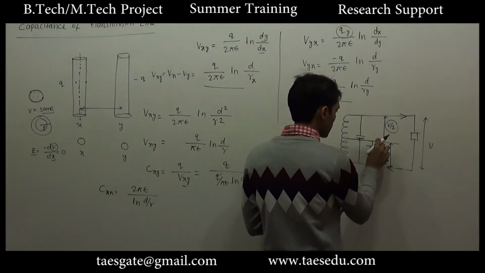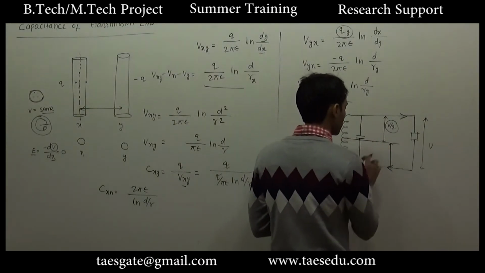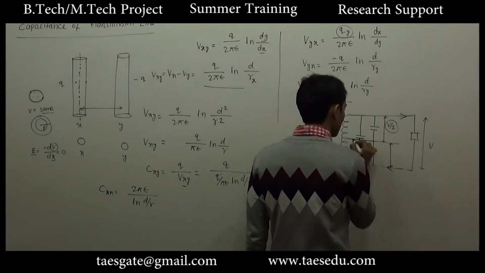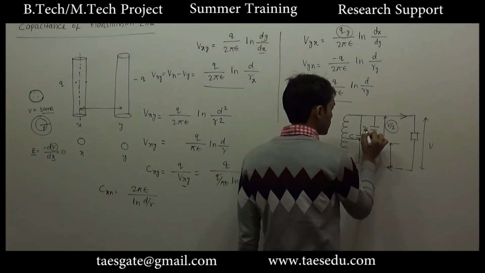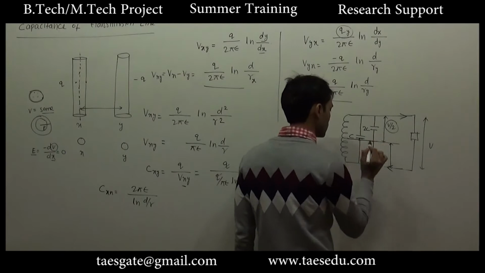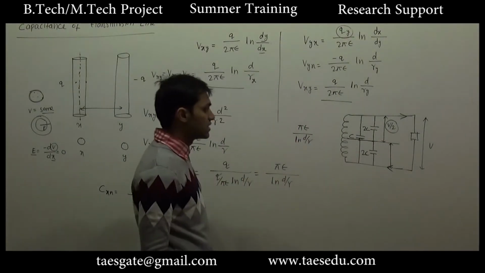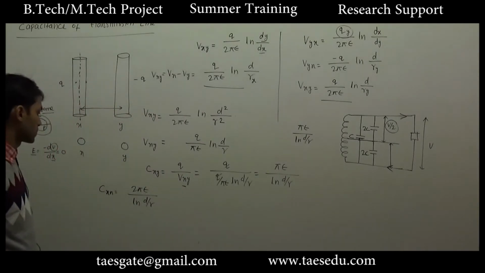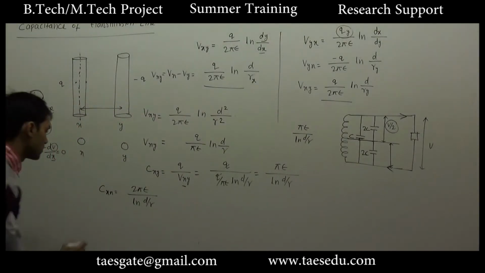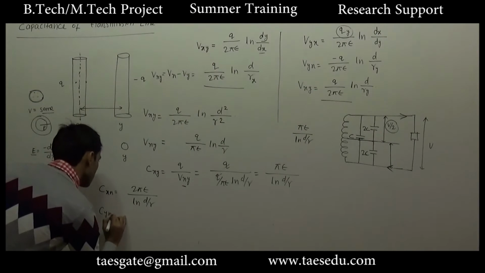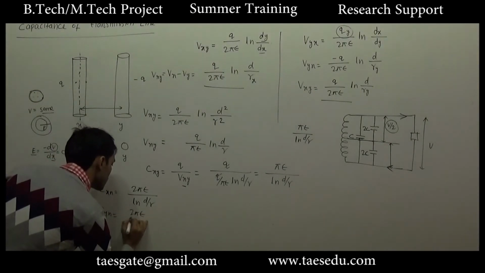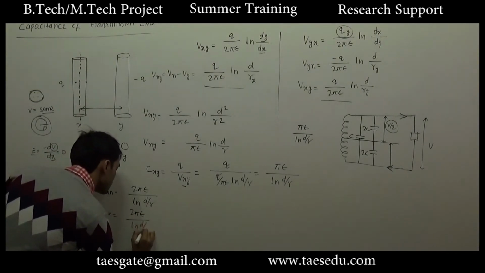And this whole capacitance can be broken into two parts. If this is C, this will be 2C, and this will also be 2C. 2C in series will give you C capacitance. Also Cyn will be 2 pi epsilon divided by ln d by r.